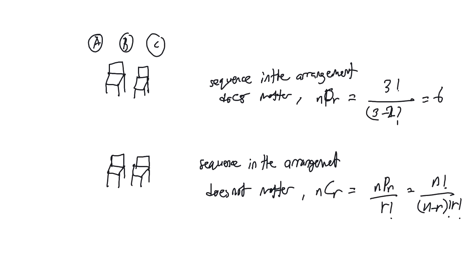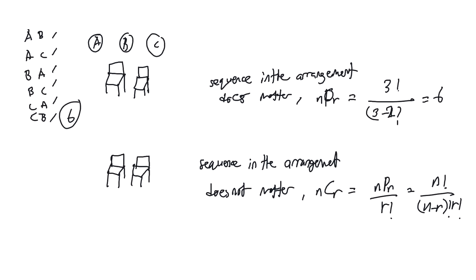Okay, so if the sequence does matter, you have A, B; A, C; B, A; B, C; C, A; C, B. So 1, 2, 3, 4, 5, 6, right?